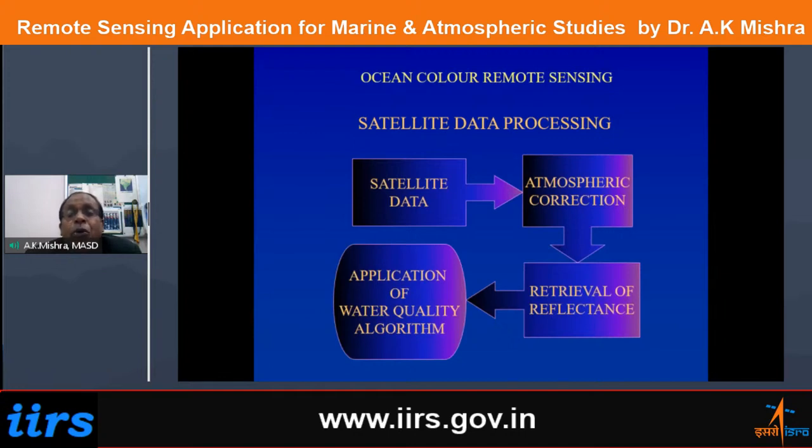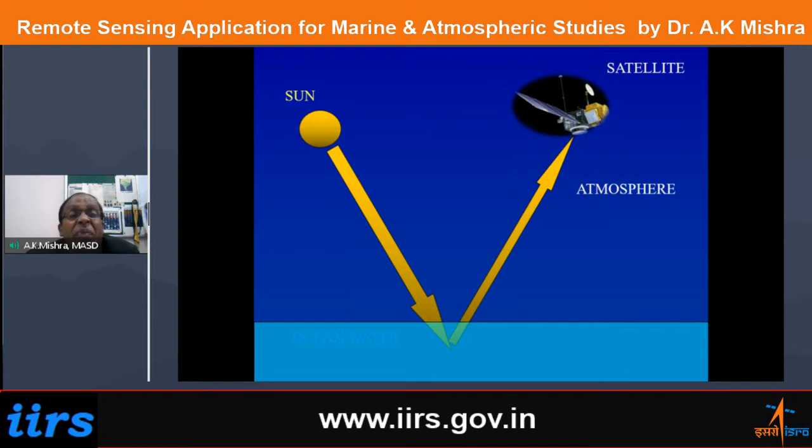After doing atmospheric correction, you will retrieve the upwelling radiance coming from below the water. Once you have a suitable bio-optical algorithm to retrieve a geophysical parameter like chlorophyll or suspended sediment, you can apply it to the atmospherically corrected satellite data to get the water quality parameter. So what is happening?